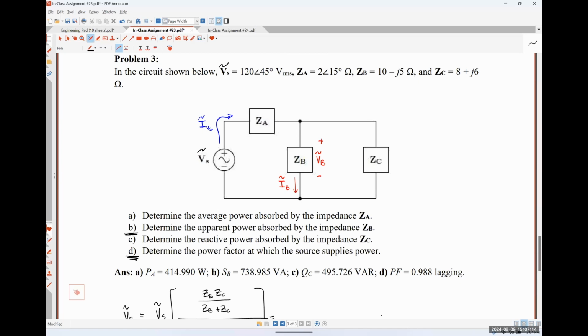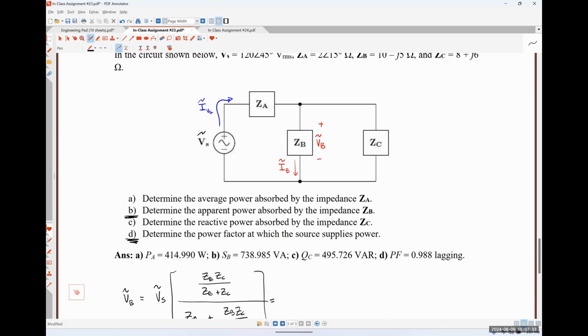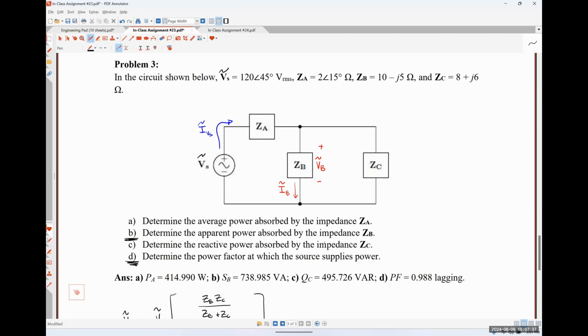So 2 angle 15 is stored as A. 10 minus 5i, I'm going to store that as B. 8 plus 6i, store that as C. And then we have 120 angle 45 times B times C over B plus C, all over A plus B times C over B plus C.